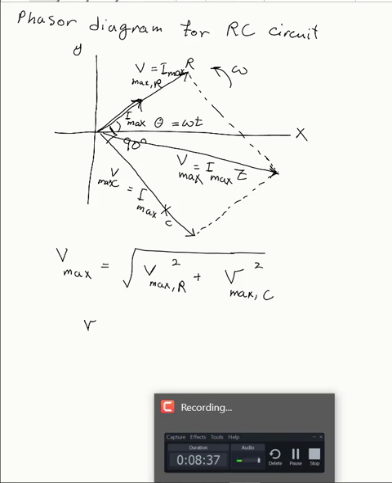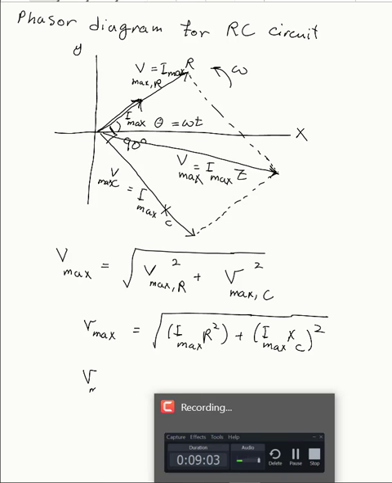So Vmax equals the square root of Imax R squared plus Imax XC squared.